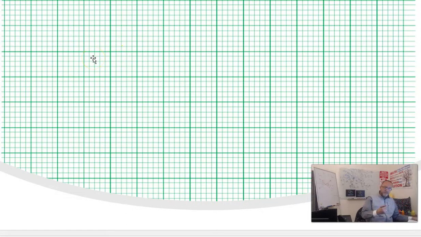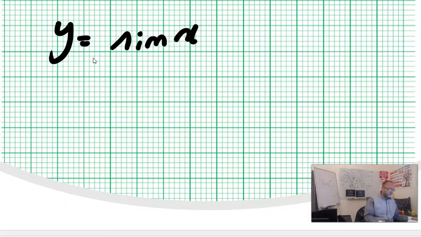We're going to go back to the inverse function. We said that the inverse function of y equals sine of x, and we need to restrict that. Why do we need to restrict that? Because if you look at it, it's going to keep repeating itself.